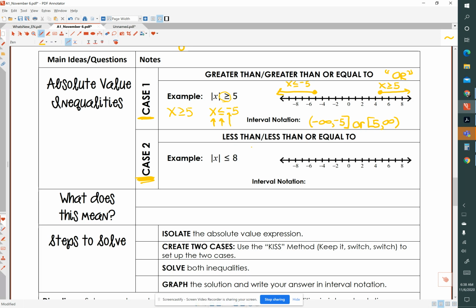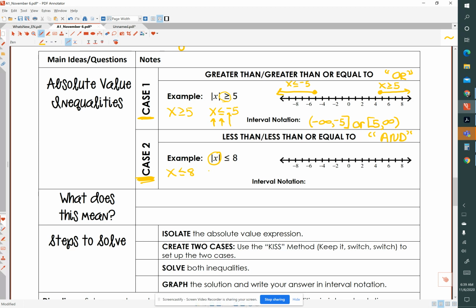So this time we've got a less than or equal to, and these will be of the AND type. So we'll have a connecting graph. So first let's make our two cases. Remember, as soon as absolute value is isolated, you make two cases. x is less than or equal to 8.